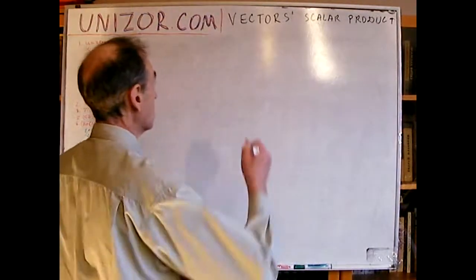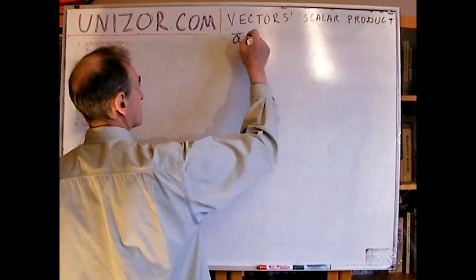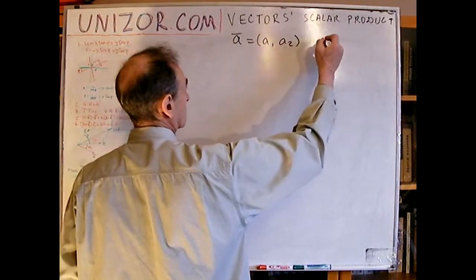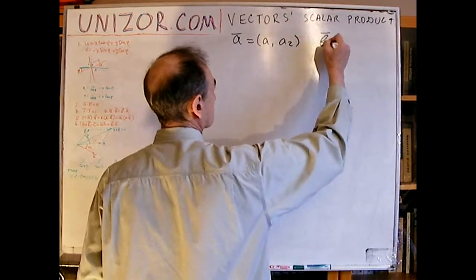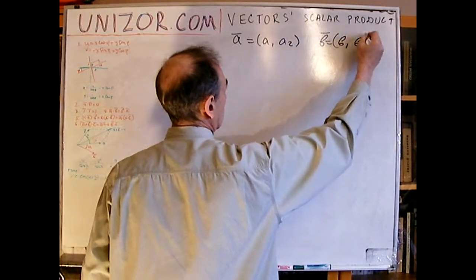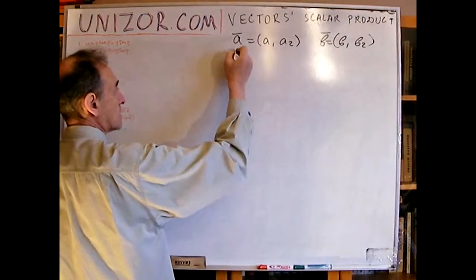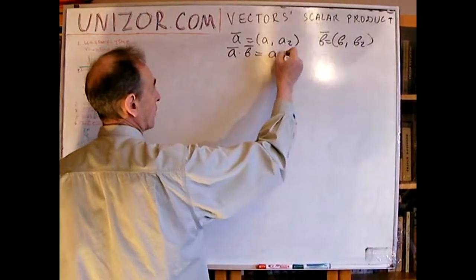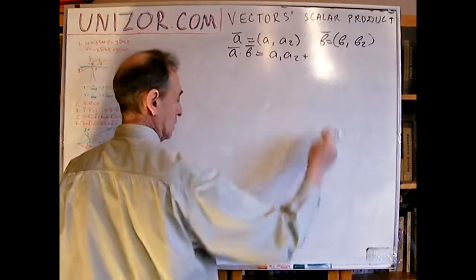In particular, if you have a representation as a tuple in the coordinate form, you have these two vectors, then the scalar product of these two vectors was derived in the following way.